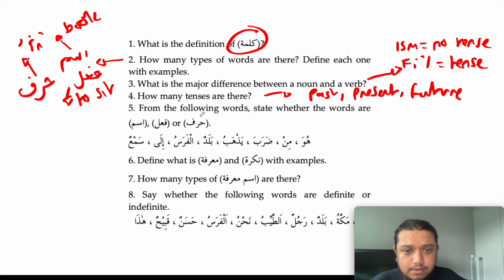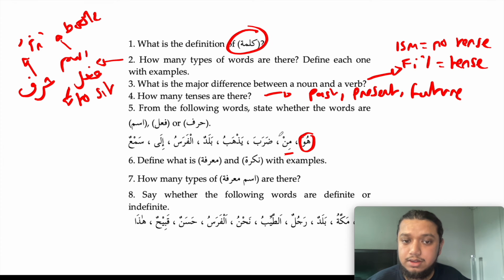So from the following words, state whether the words are ism, fi'l or harf. Huwa is an ism. Min is a harf. Daraba and yadhabu are both fi'ls. Baladun is an ism.